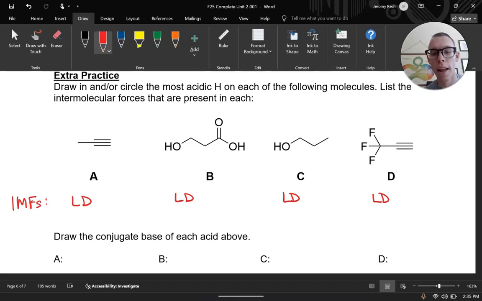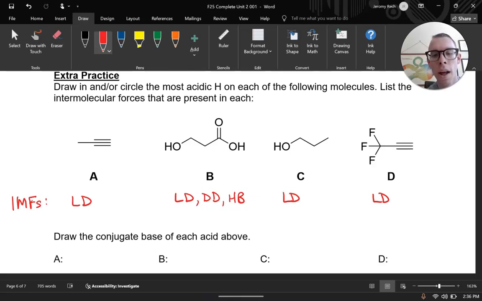I have some oxygens, and the right side of it has more oxygen, so there's going to be a dipole pulling over to that. So we have dipole-dipole, and I have an OH, specifically a H connected to an oxygen. That's going to make that hydrogen especially positive, so that means we're going to have some hydrogen bonding. So in B, I have all the intermolecular forces.